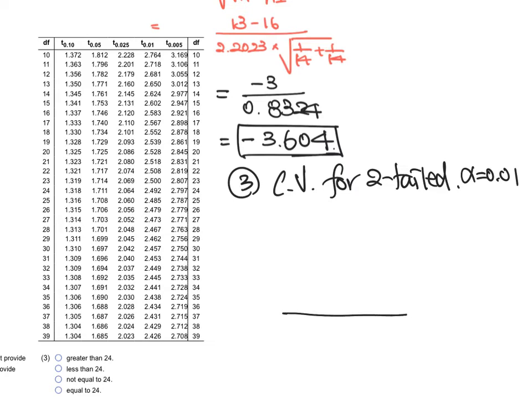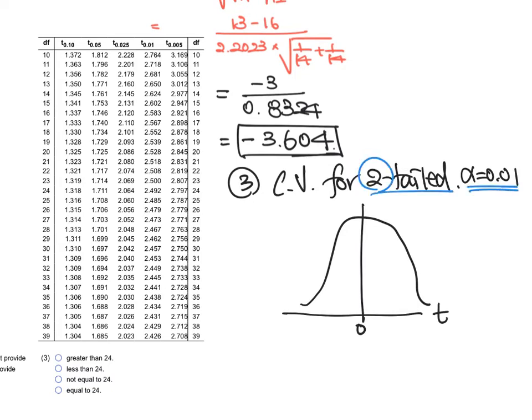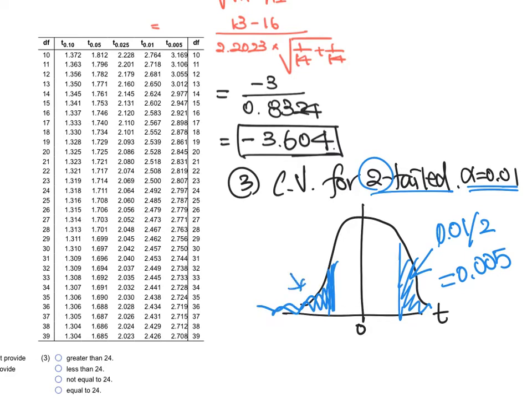So now we have a t distribution, and alpha equal 0.01 at two-tailed. That means we have to put half of that, 0.01 over 2, that will be 0.005, and the other half, on the left, will be the same 0.005.